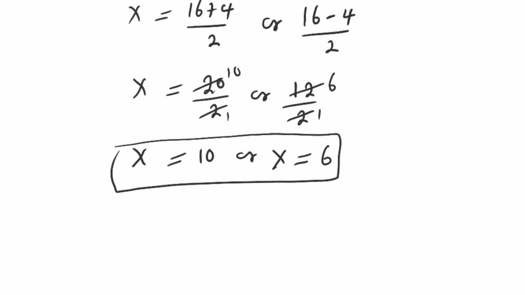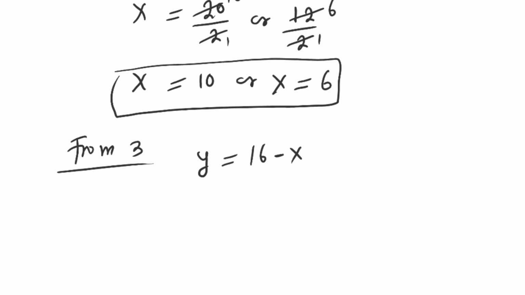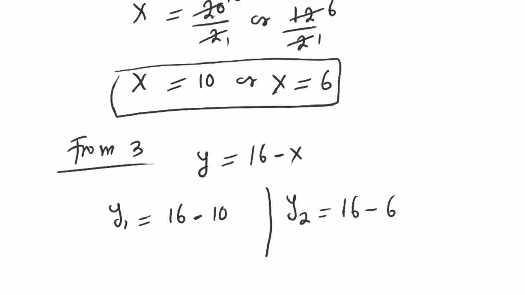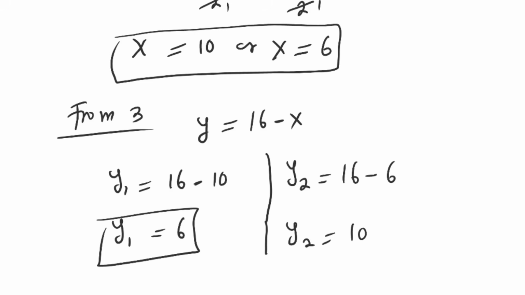Let us solve for y. To solve for y from equation 3, y is equal to 16 minus x. Then y1 is equal to 16 minus x1, which is 10, or y2 is equal to 16 minus x2, which is 6. y1 is equal to 16 minus 10, this is 6, or y2 is 16 minus 6, 10.